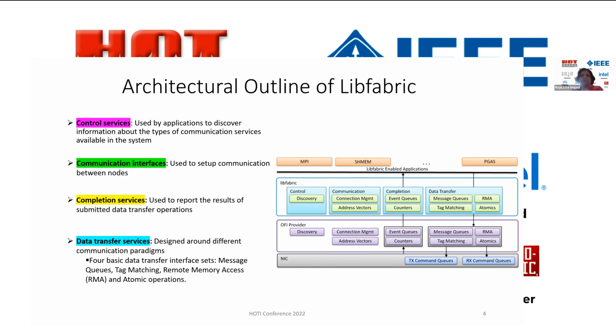Next, we have data transfer services. The data transfer services are the ones that are actually used for sending and receiving the data, along with the message boundaries that are maintained. So we have the 4 types here. Message queues we can consider like they are FIFO, and there is tag matching, and there is RMA. Tag matching deals with the messages that have specific tags, and out of order messages can be identified with the tags.